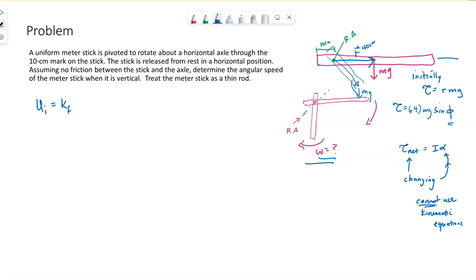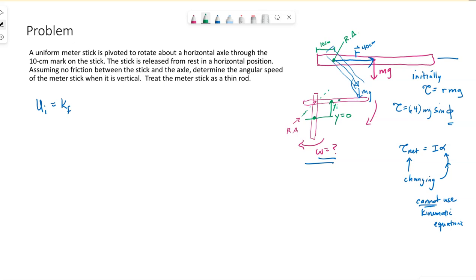Now, we can say that as long as we're saying the lowest point of the center of mass specifically is y equals 0. So y initial is going to be how high above that lowest point the center of mass is located initially.